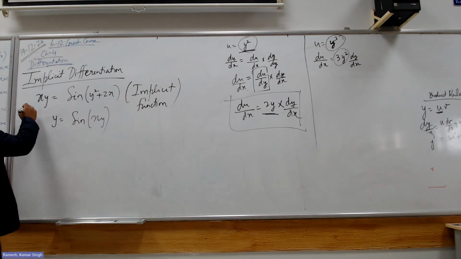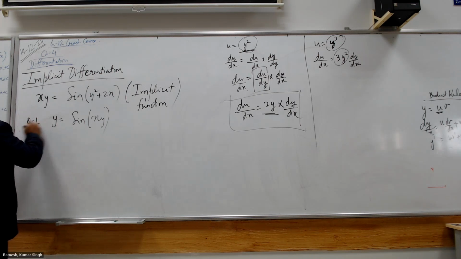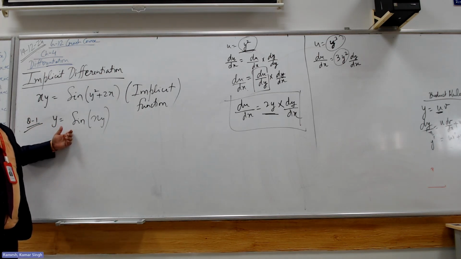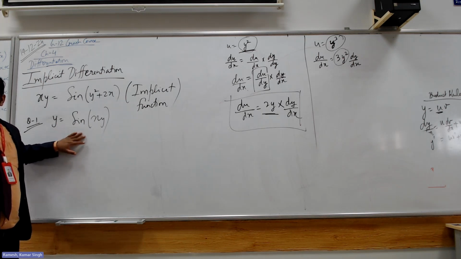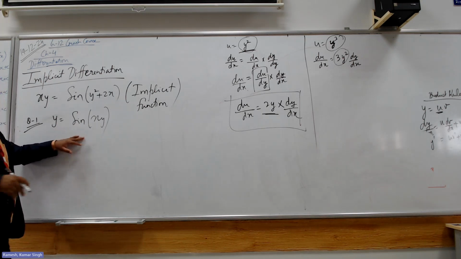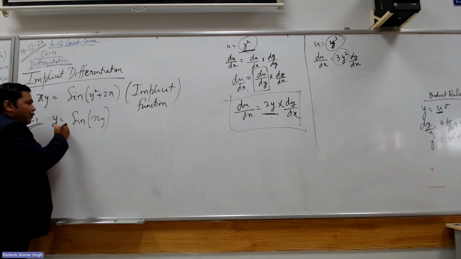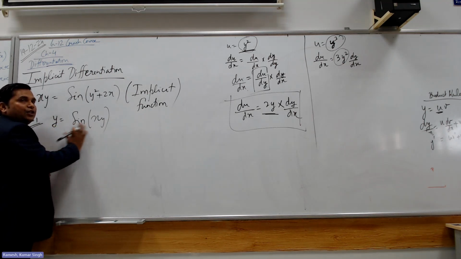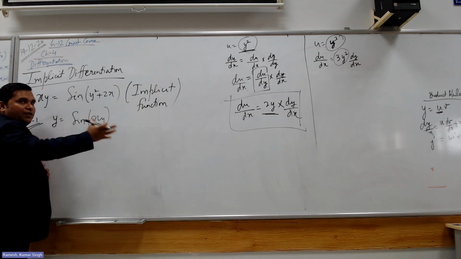We're going to differentiate this. This is an implicit function because we cannot write y in terms of x. To find dy over dx in this case, we're going to differentiate the left hand side and differentiate the right hand side.